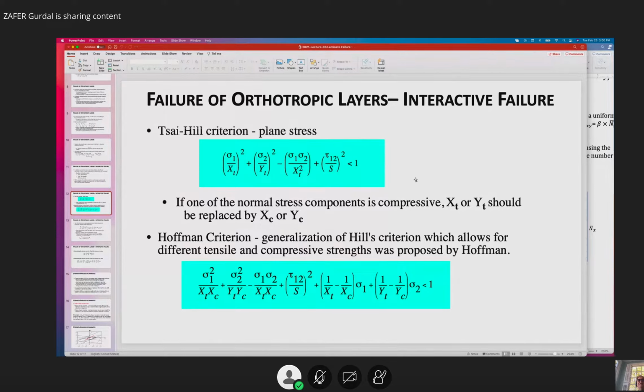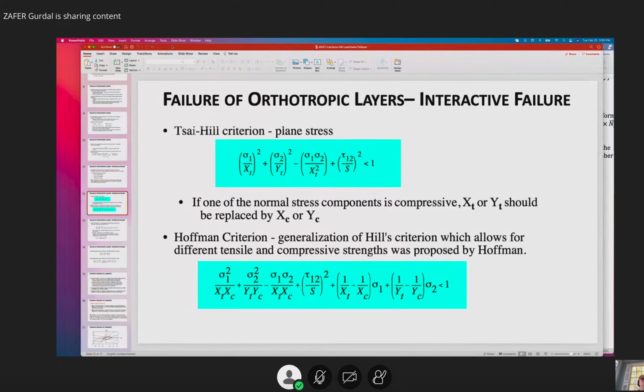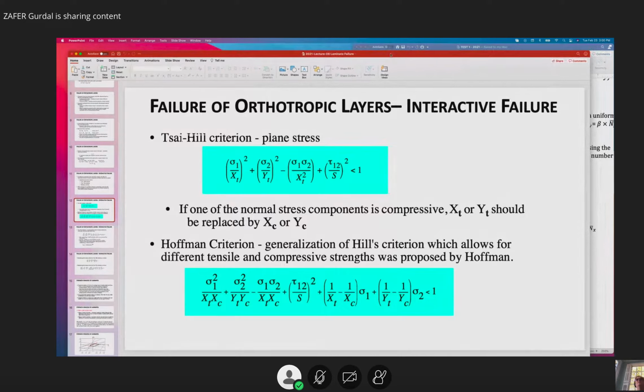I don't think I've used the Tsai-Hill program in my tutorials, but this will be for you perhaps to check if the Tsai-Hill that I wrote, either I gave you the program file the last time, or you may or may not have this in your program files.